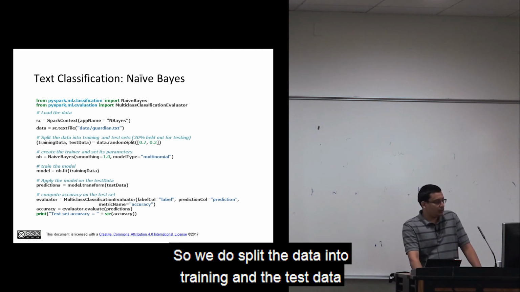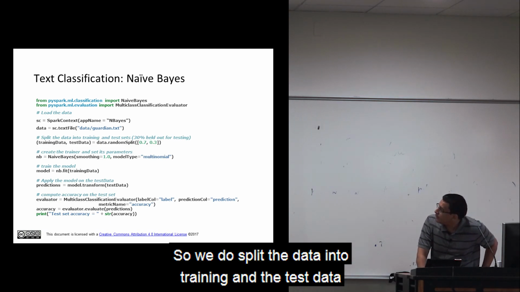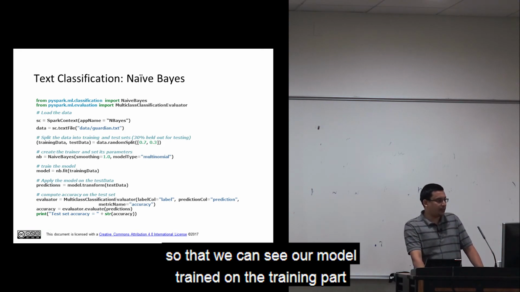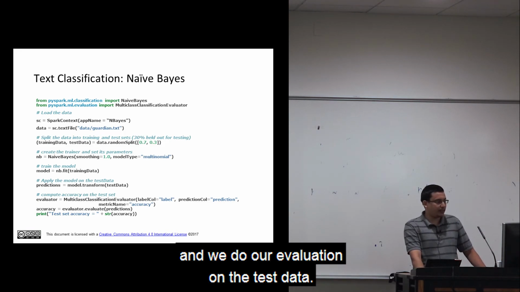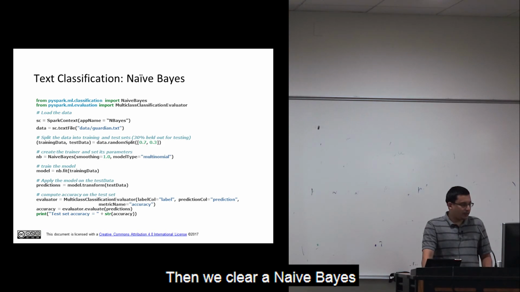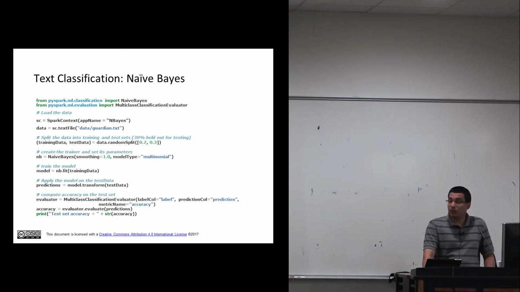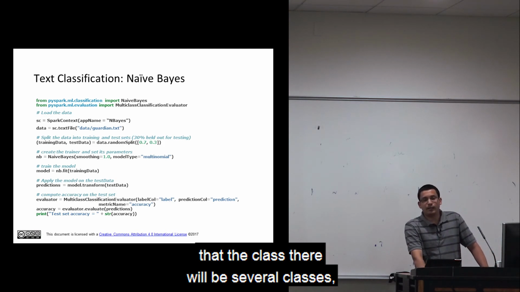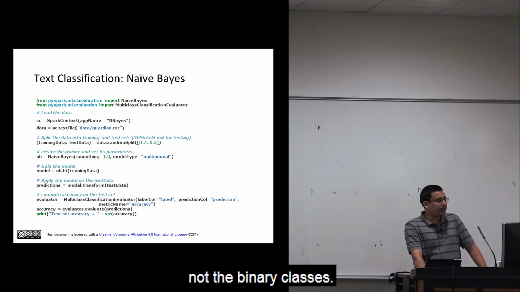We split the data into training and test data, so that our model is trained on the training part and we do our evaluation on the test data. Then we create a naive Bayes where the model type will be multinomial. So, we are expecting that there will be several classes, not binary classes.